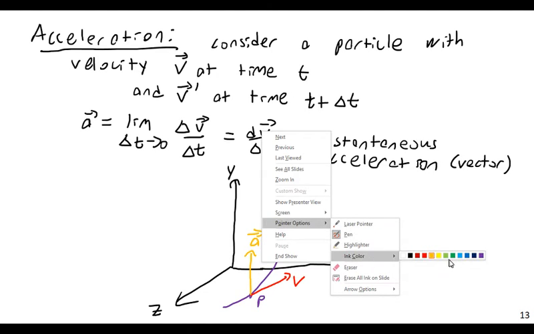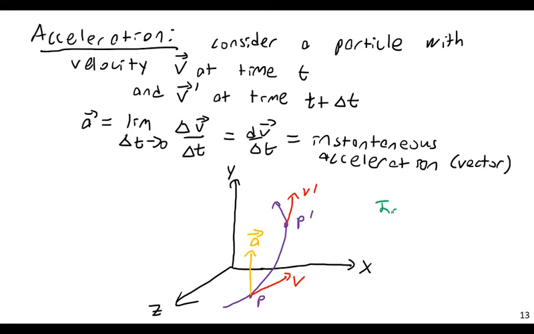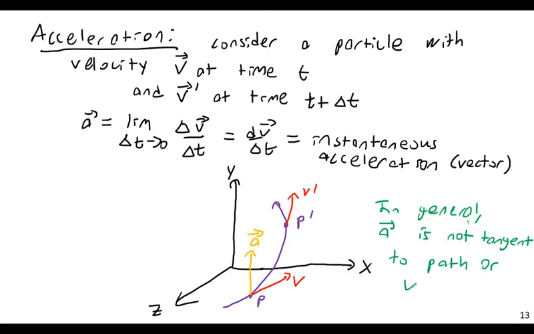But as a rule of thumb, in general, the acceleration vector is not tangent to the path or to the velocity vector.